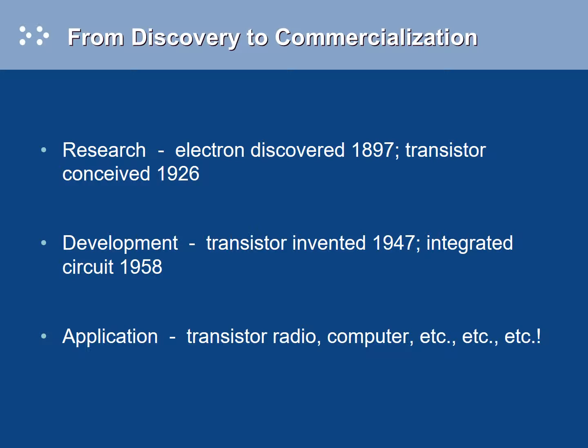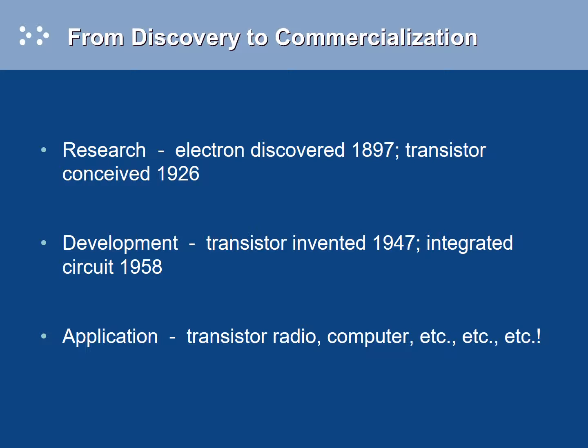The integrated circuit, the imprinting on silicon or germanium of multiple transistors, happened a decade later. And in very, very short order, the transistor was applied in the radio, then the computer, and so on and so forth.